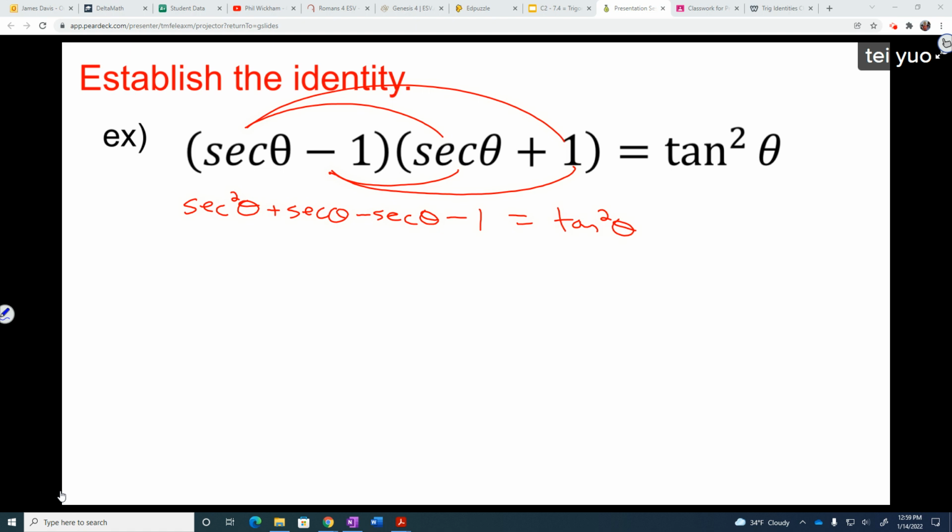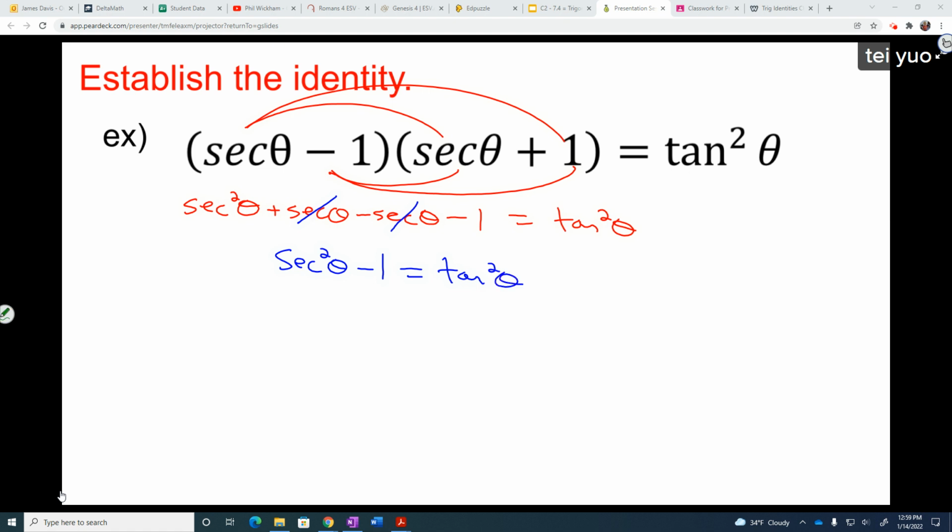You do need to make sure you're showing your work on this because that's what we're doing. We're showing the work of how we get it to equal tan squared. So show that you're writing these middle terms even if you know they're going to cancel. Then we can see they do cancel, a plus and a minus secant. Then we get secant squared theta minus 1 equals tan squared theta.